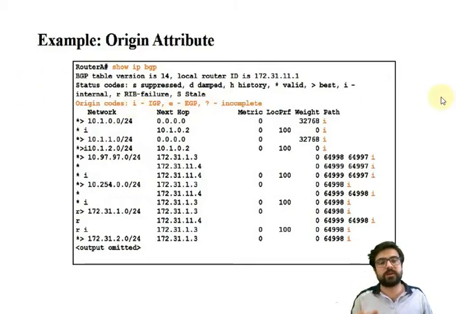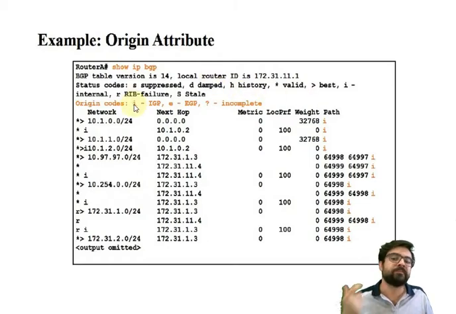The question mark means that network is generated via redistribution into BGP, so it is incomplete. It's not based on the BGP commands. So look, these I's, yeah.